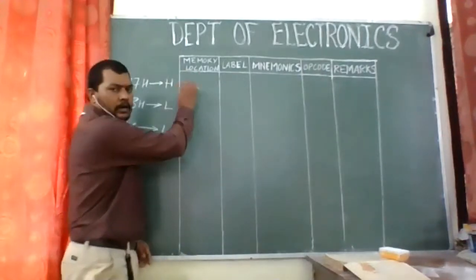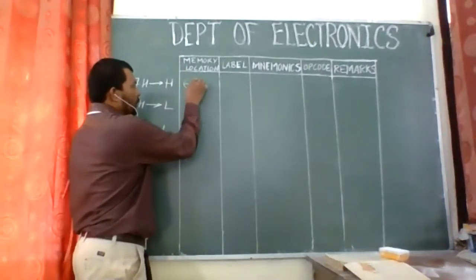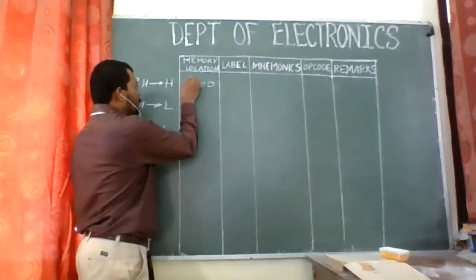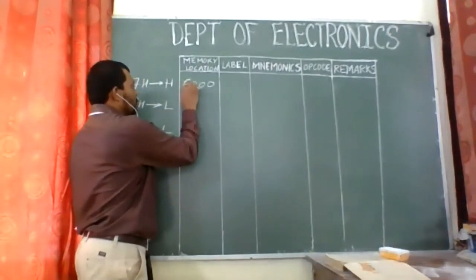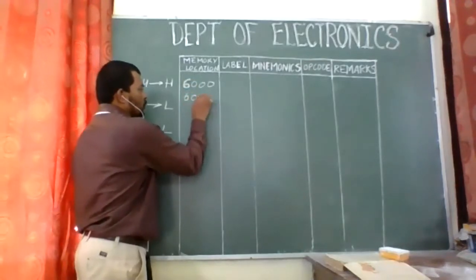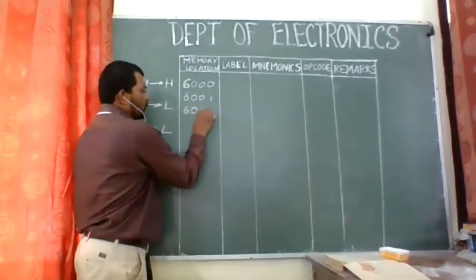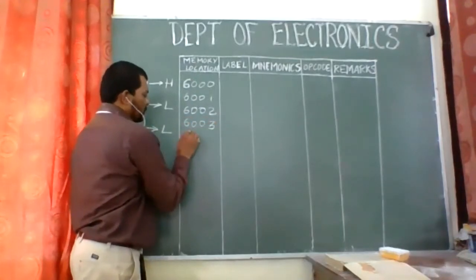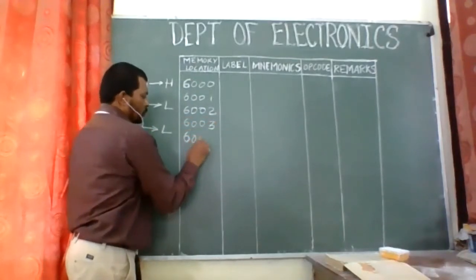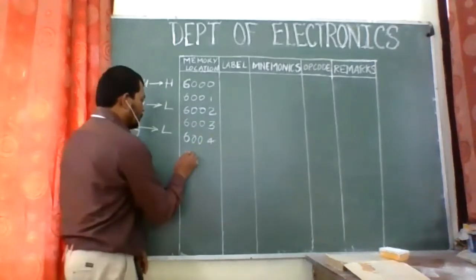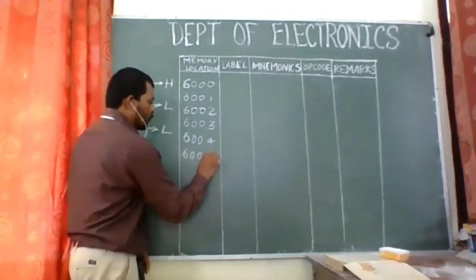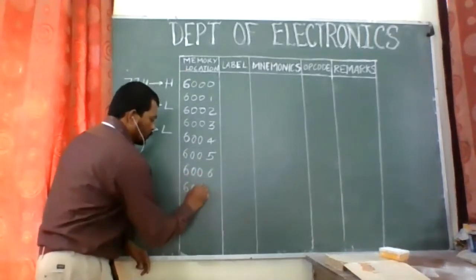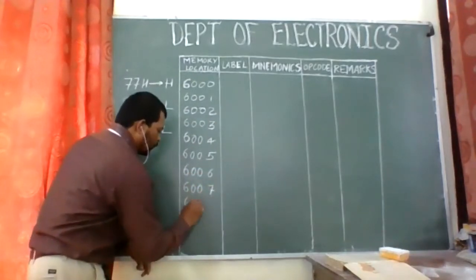For writing a program, we should give a particular memory location. So we are going to start with 6000. I hope it is visible to you all. Then we use 6001, the next memory location is 6002, 6003, 6004, 6005, 6006, 6007, and so forth.